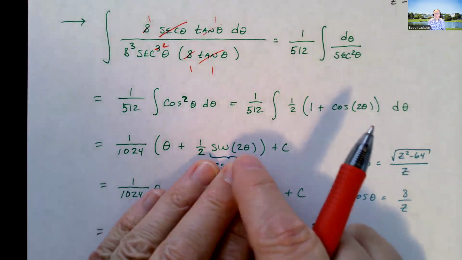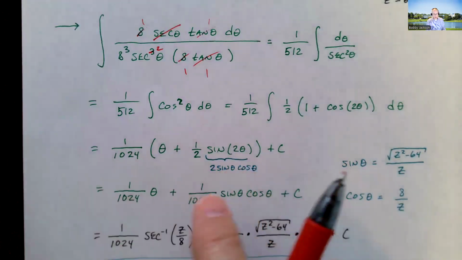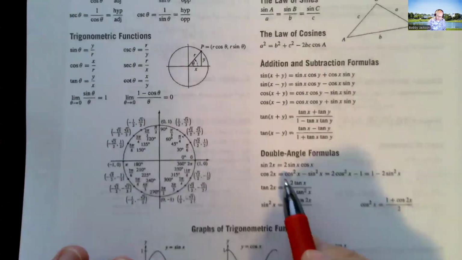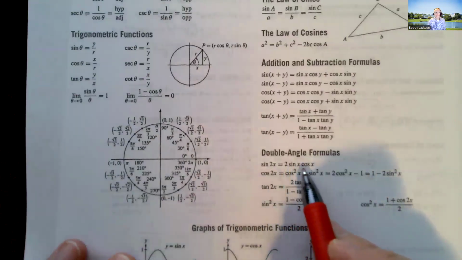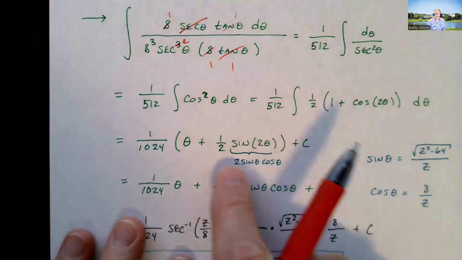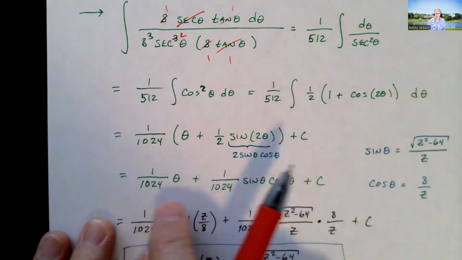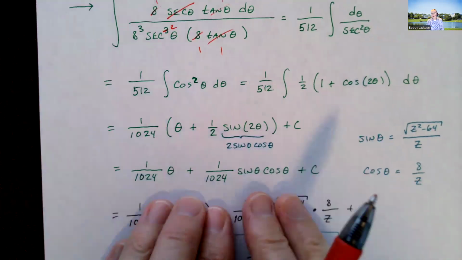One thing you want to make sure you do right away, since we're going to convert back to the original variable, is express sine of 2 theta using the double angle formula. For sine, sine of 2x is 2 sine x cosine x. And so we can write sine of 2 theta as this. Of course, 1/2 times 2 is 1. And distributing this fraction over, I get this expression here.